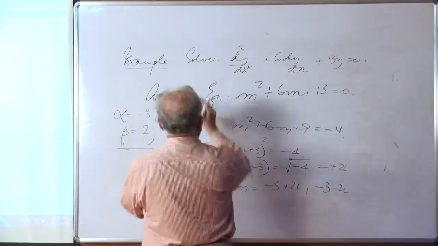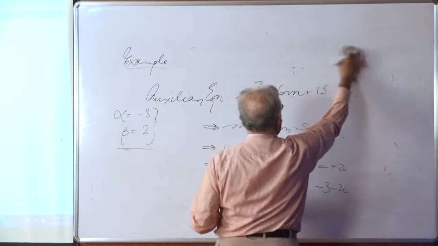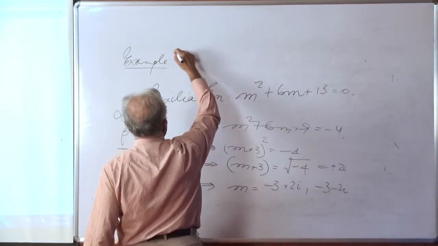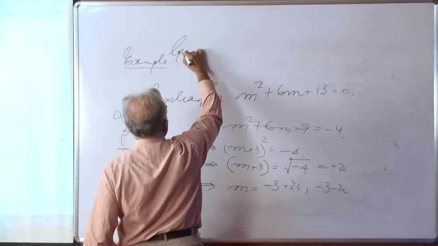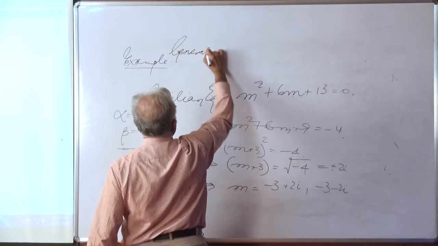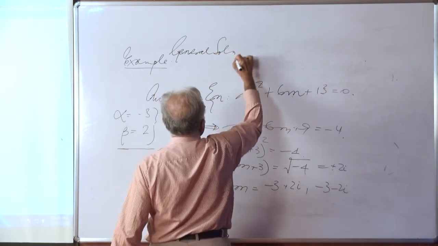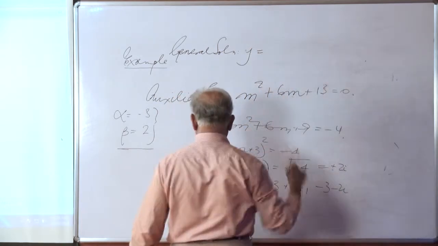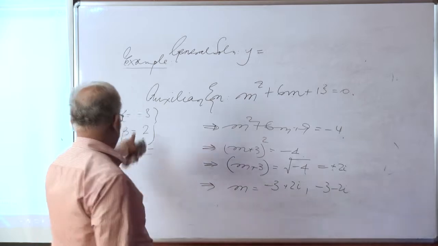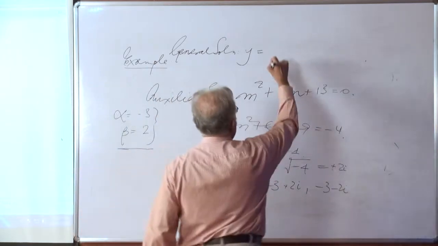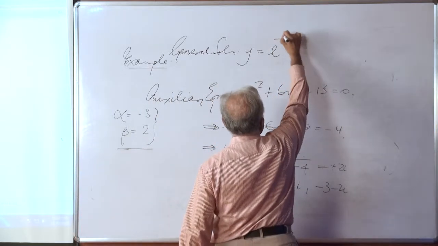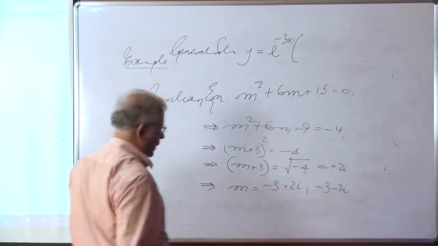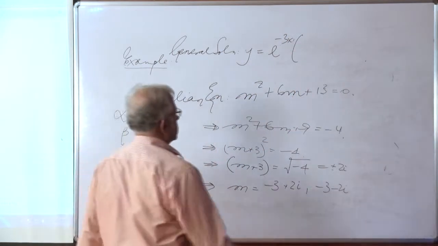So our solution, if I rub out this particular equation, the solution is y is equal to e to the power of alpha x, e to the power of minus 3x into cos beta x plus i sin beta x.